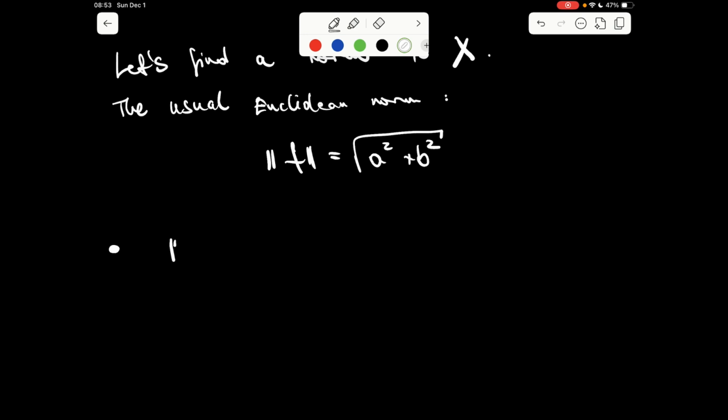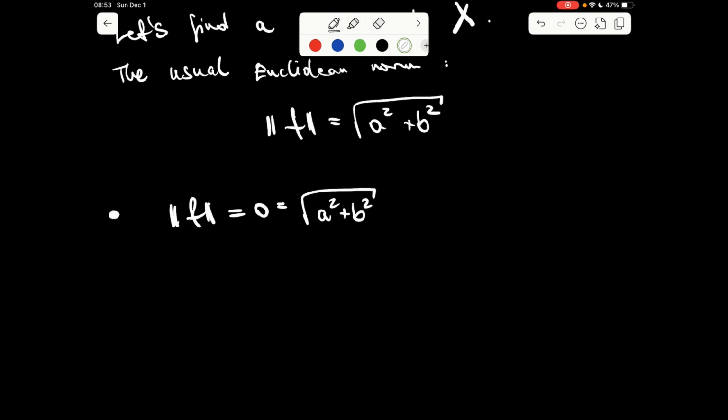One, the norm is 0 only for the 0 function, and it is easy to realize that this equality holds only for a and b equal to 0.